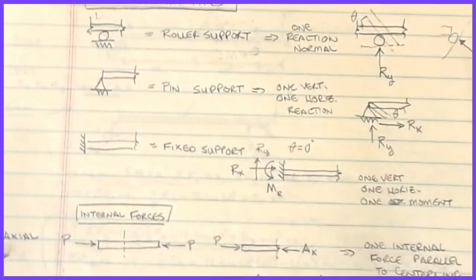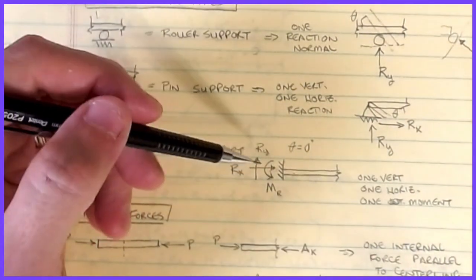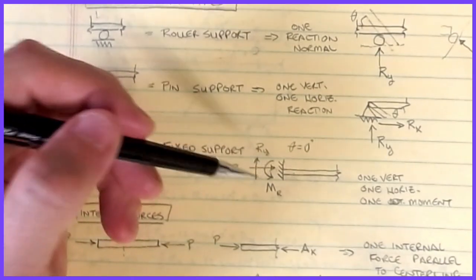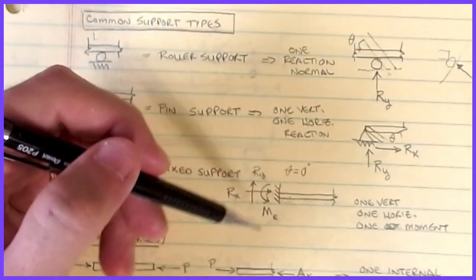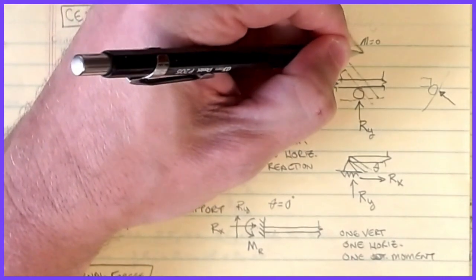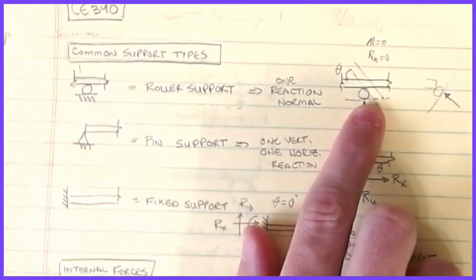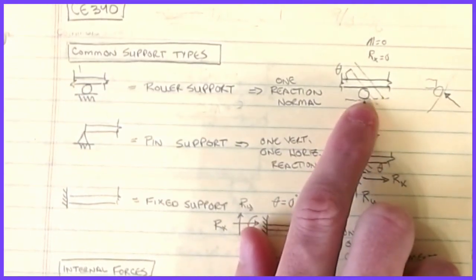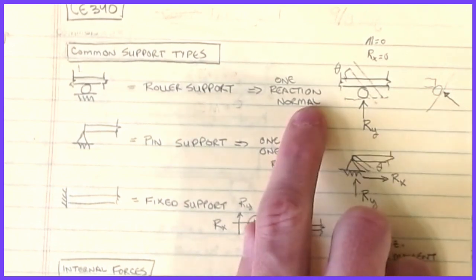Now, one thing that you'll notice is that basically these support conditions are restraints of motion. Notice that up here, this is like saying, for the roller, that M is equal to 0, and Rx is equal to 0. Because it's free to rotate, and also because it's on a wheel or a roller, it's free to move to the left or right, or move in the x direction.